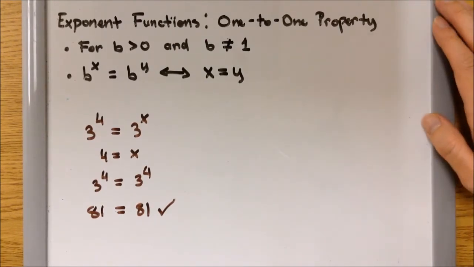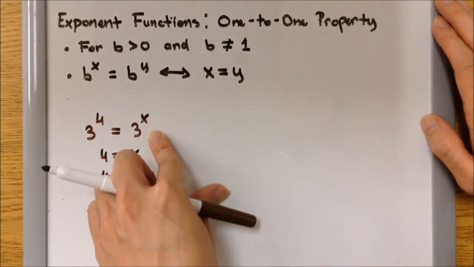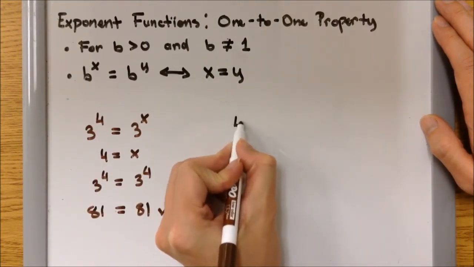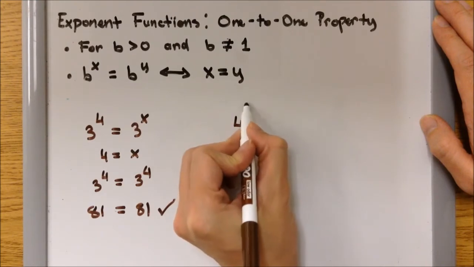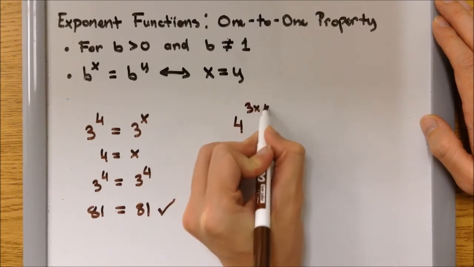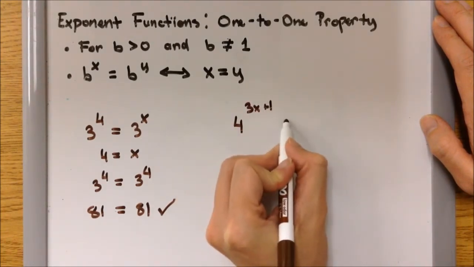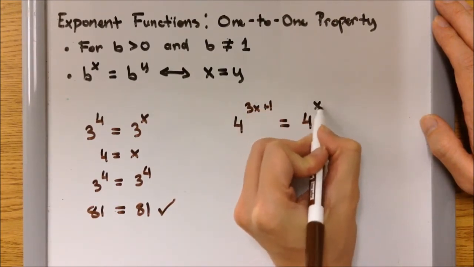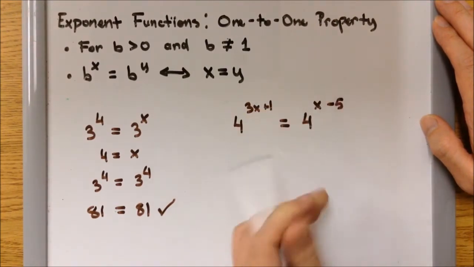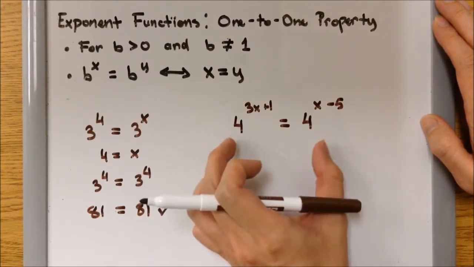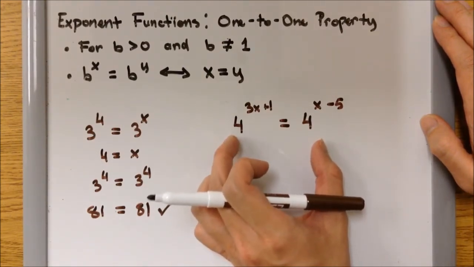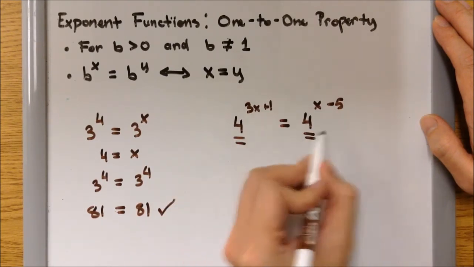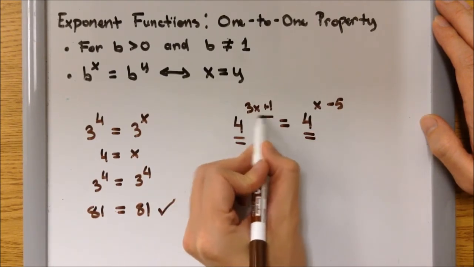So here is another example where it's not just x by itself. For example, if we have 4 to the power of 3x plus 1 equal to 4 to the power of x minus 5, then it's contingent on the bases being the same on both sides.